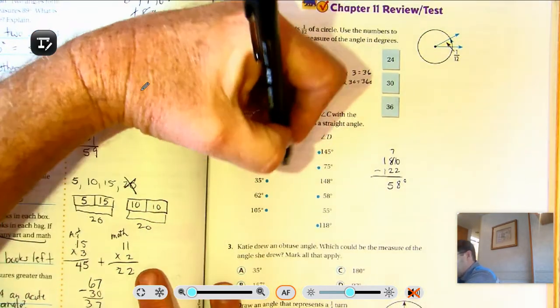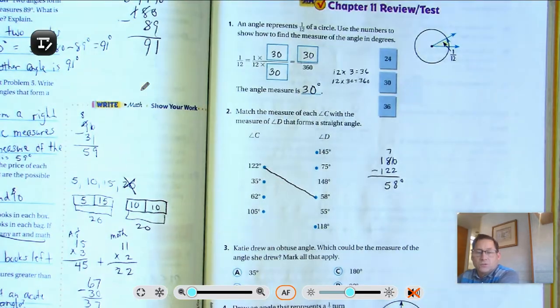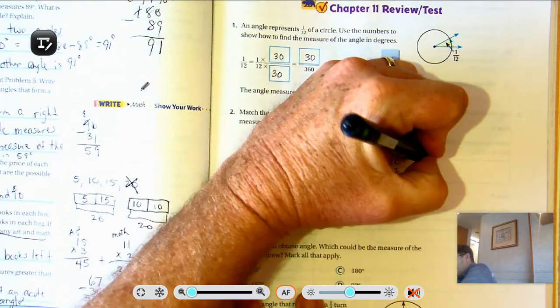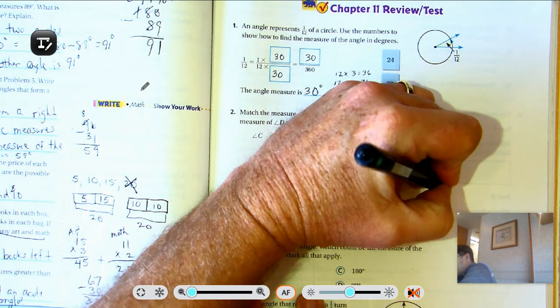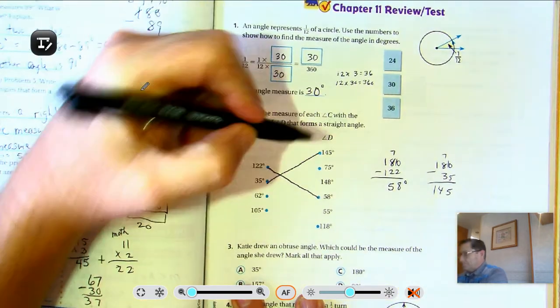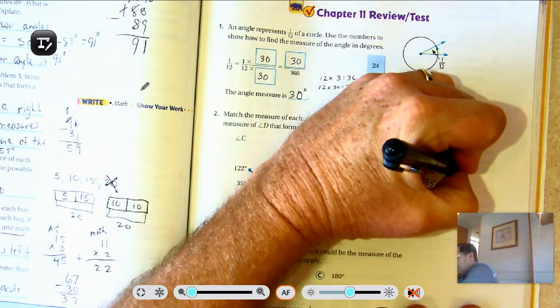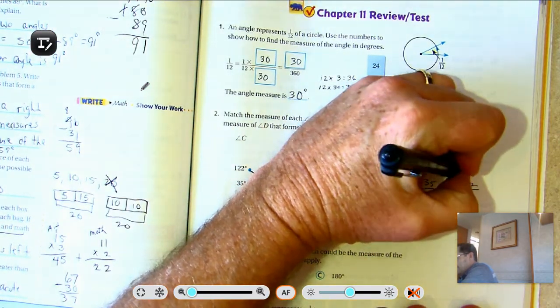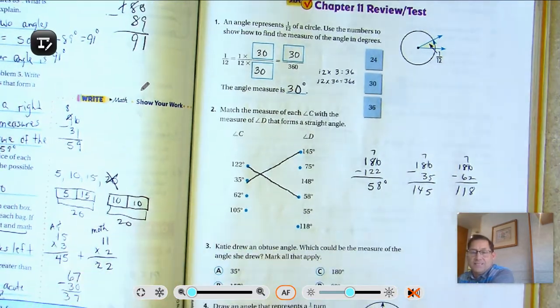All right, so those two add up to 180. 180 take away 35 is 145. 62 taken from 180 is 118 degrees.